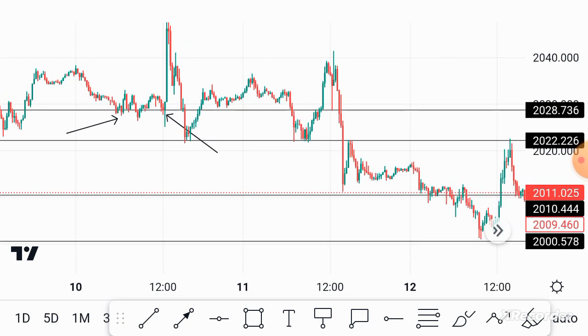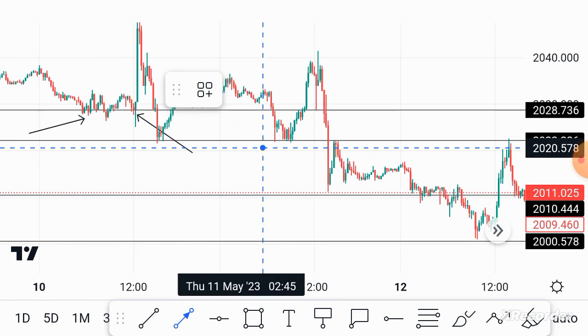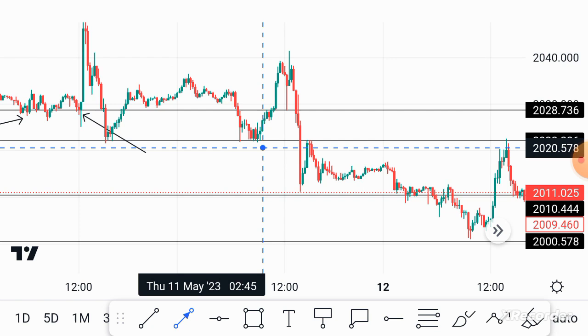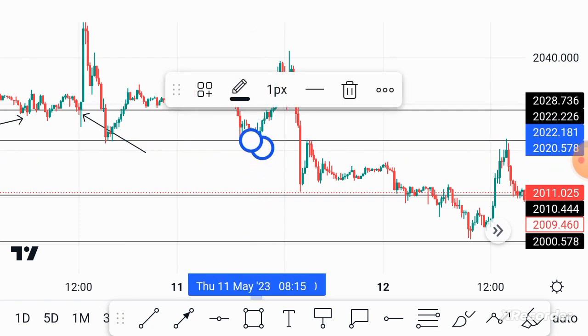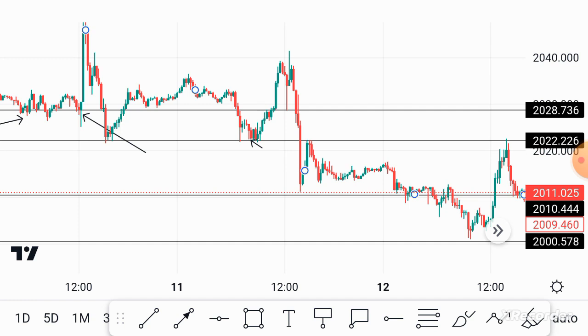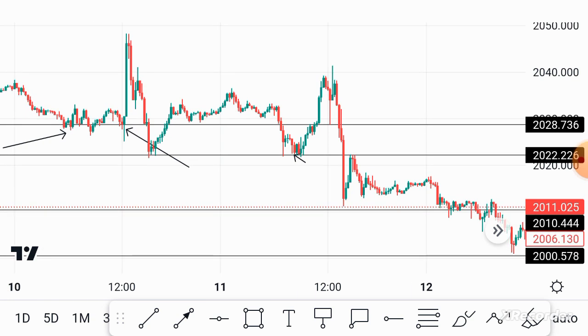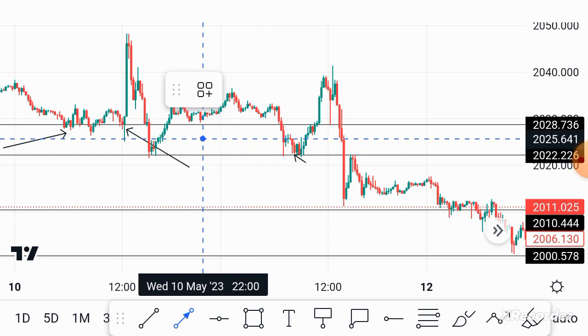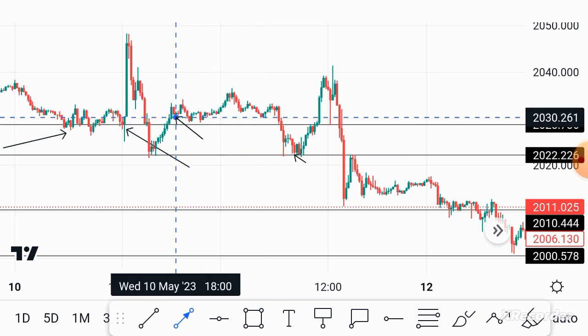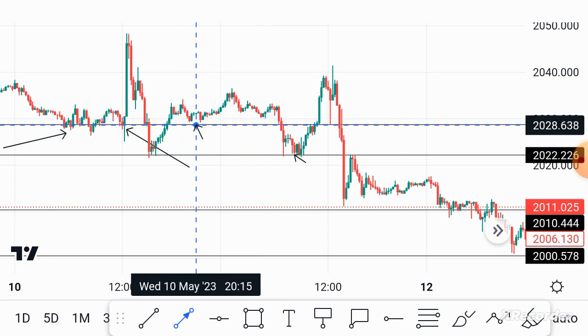Okay, so this is a typical example, and we have one here. I didn't want to go to the next horizontal line, because I wanted to complete the very first one I started with, which is the up one. So we had some sort of double bottom right here at this point.